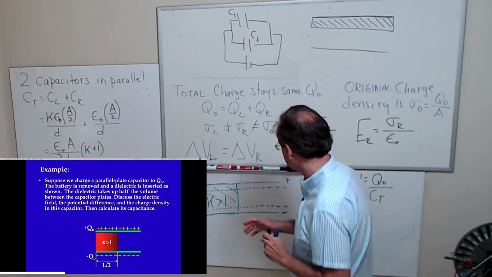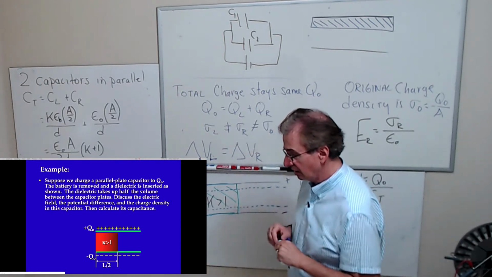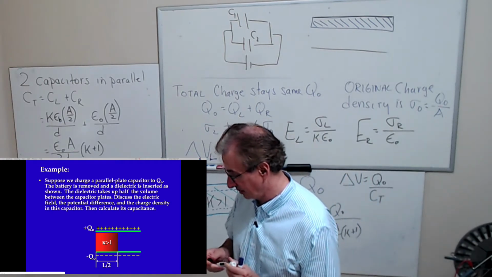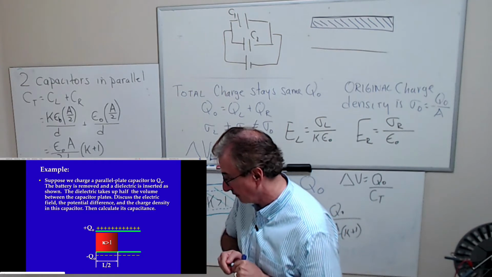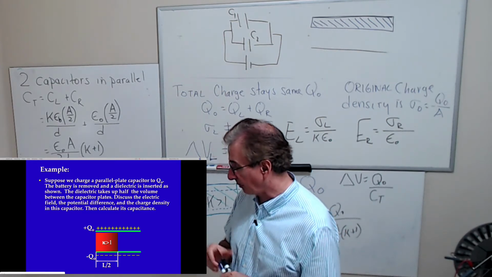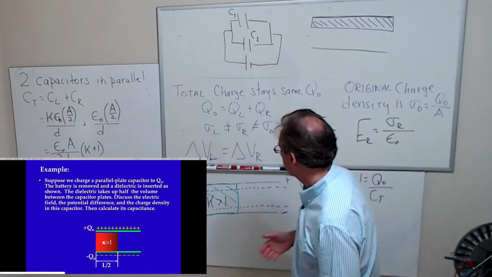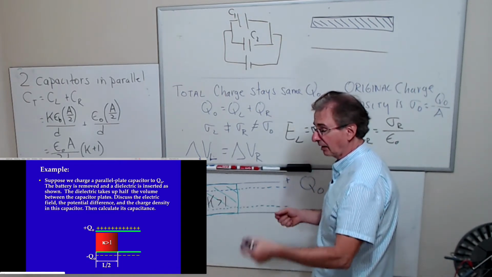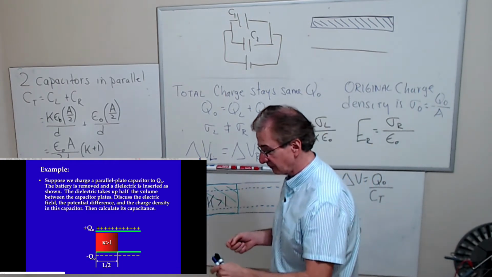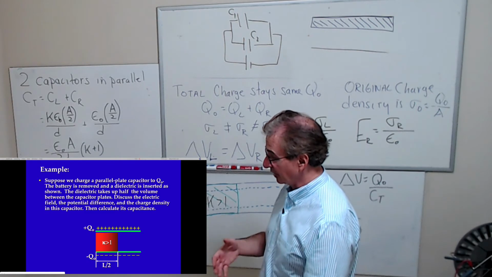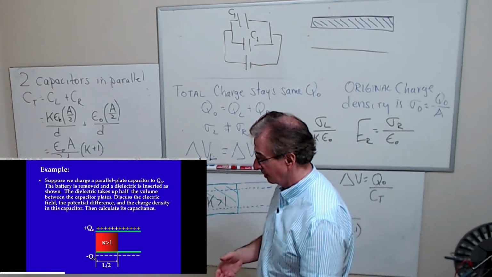You're just talking about if they're exactly the same capacitor? I'm not sure I understand your question. Yeah, if the capacitors are identical, they will have the same potential across them.